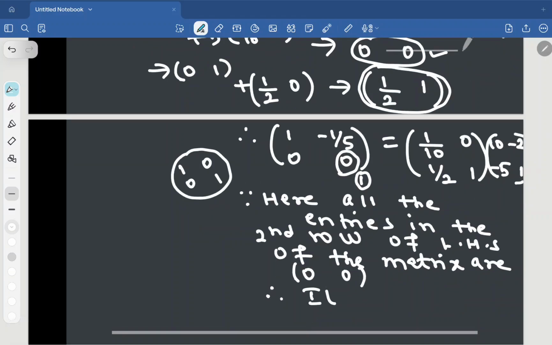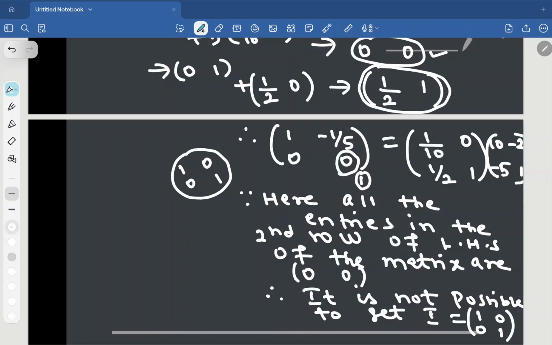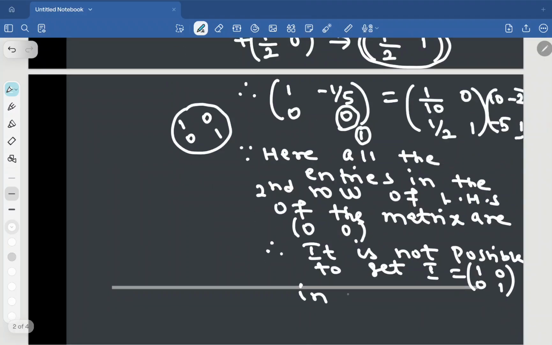Therefore, it is not possible to get the identity matrix of order 2 cross 2 in LHS.